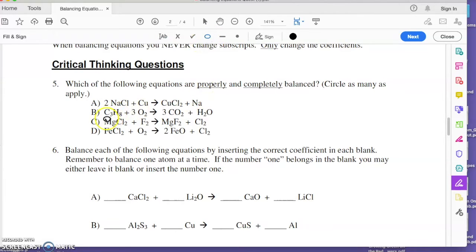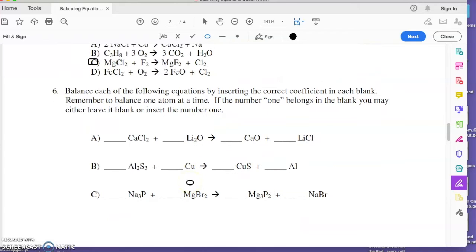Here I have 3 Cs, 3 Cs. 8 H's, I don't have 8 H's, so that's not balanced. 1 Mg, 1 Mg, 2 Cls, 2 Cls, 2 F2s, 2 F2s. So that one's okay. Now let's look here. 1 Fe, 2 Fes is not. So C is the only one that's balanced.